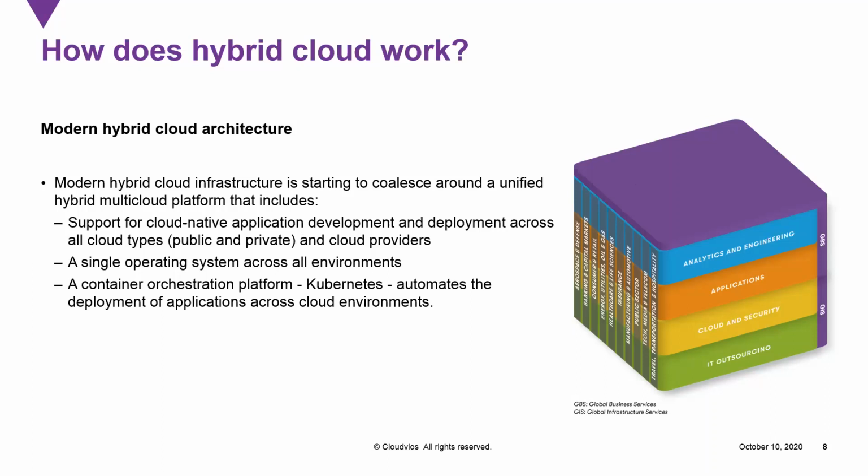Like I mentioned earlier, when it comes to modern hybrid cloud architecture, this containerization plays a very important role. And when it comes to container orchestration platform, Kubernetes is the best. Using Kubernetes, you can actually automate the deployment of application across the cloud environment.